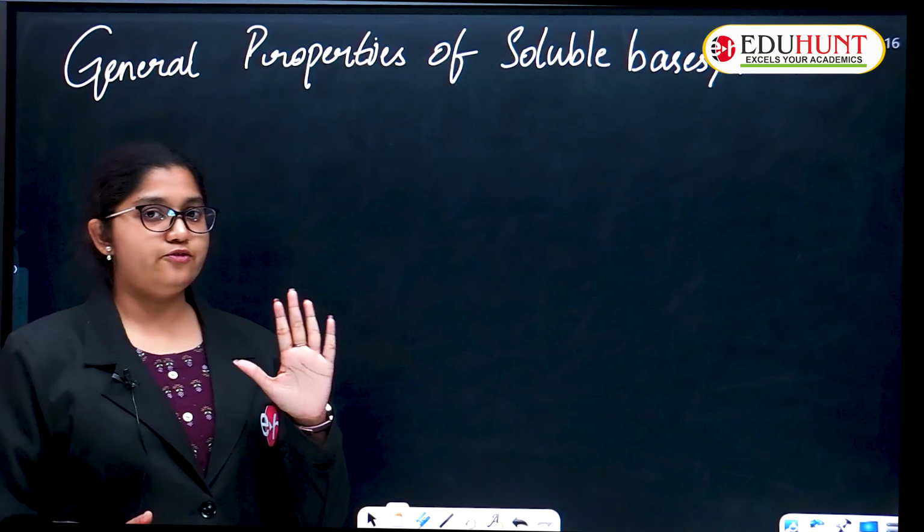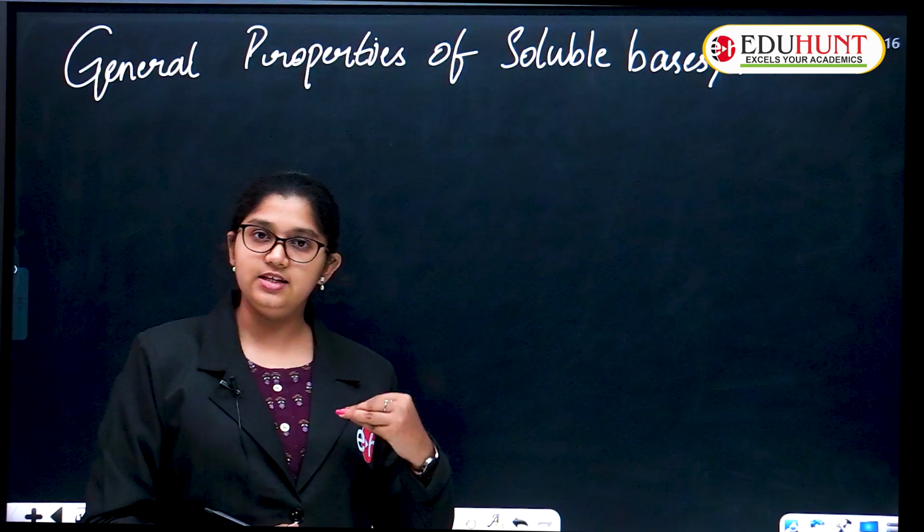There are mainly 5 general properties for soluble bases or alkalis. We will discuss them one by one.